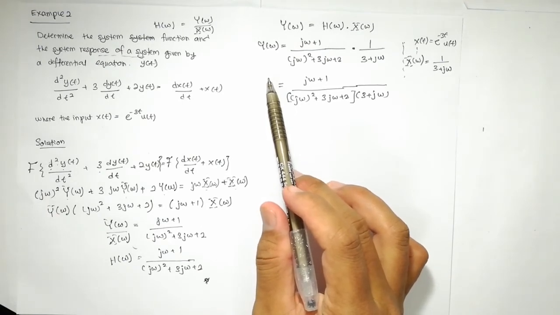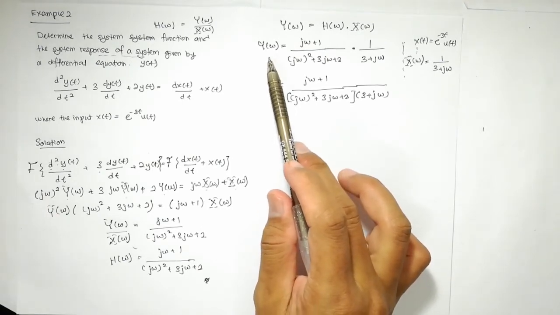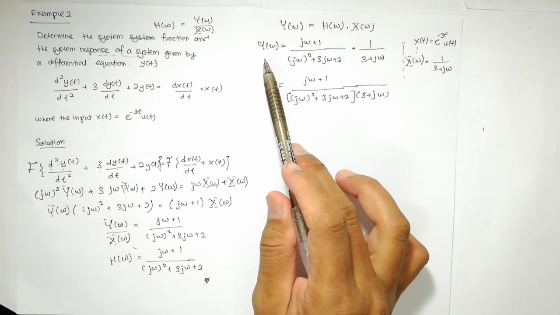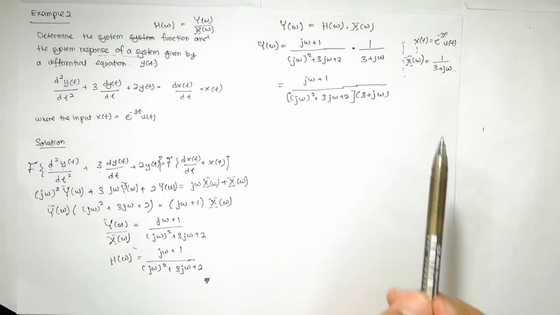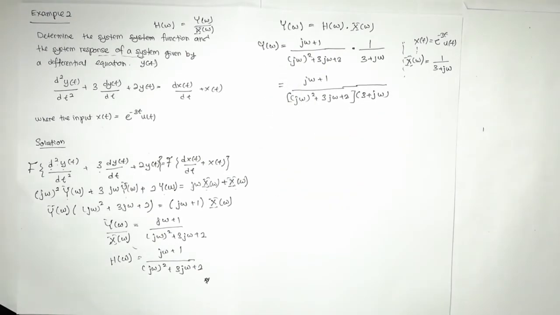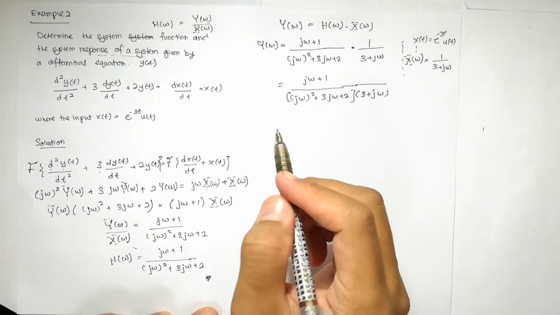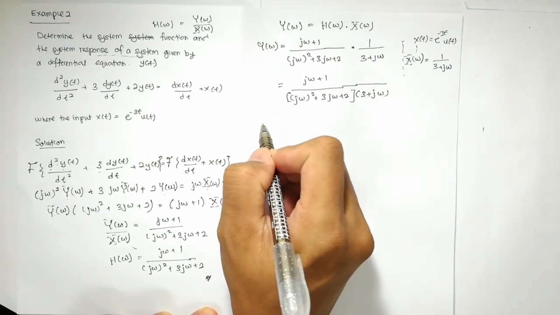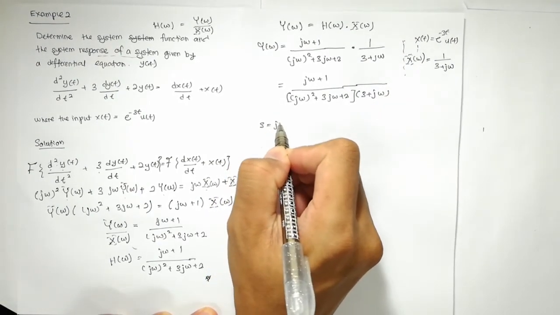What we can do is that we must do the inverse Fourier transform for Y(ω). In order to do that, we will do a partial fraction, but first we need to replace s with jω.